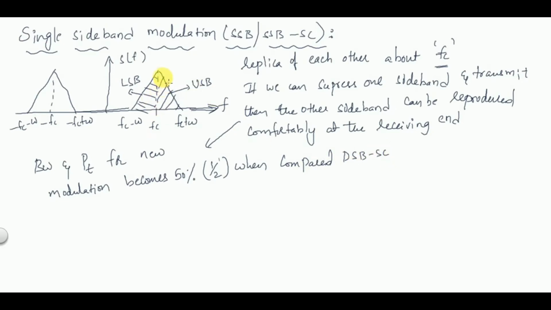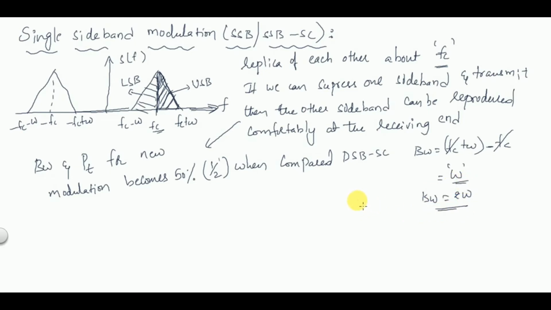Suppose we transmit only the upper sideband, so only frequencies from Fc to Fc plus W are present. The maximum frequency is Fc plus W and the lower frequency is Fc, so the bandwidth is equal to W. In the case of DSBSC the bandwidth is equal to 2W.